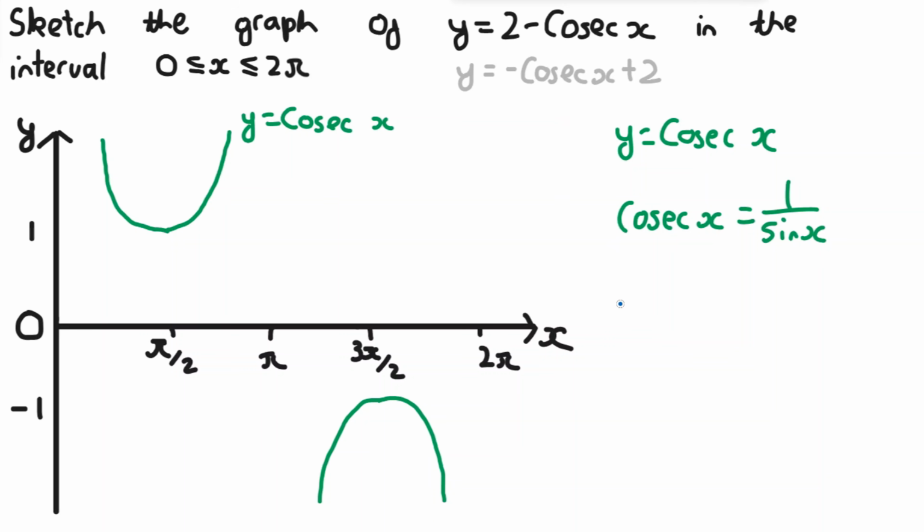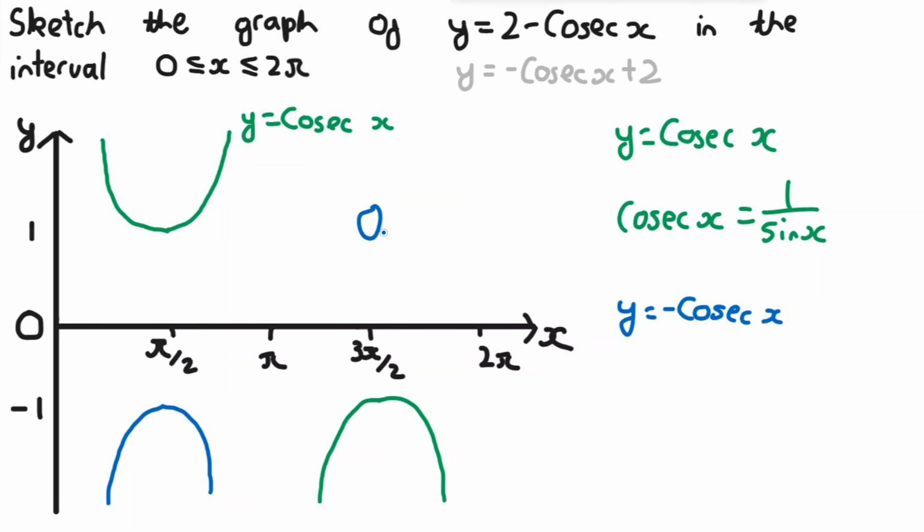So firstly, let's do the transformation y is equal to minus cosec x. This is an outside the function mirroring, so this is going to, if you remember, mirror everything in the x-axis. So this now is going to come down here. It's going to start from minus 1 instead of 1, and it's going to be like this here. Then on this side, it's going to be like this, and then this here is going to be mirrored in the x-axis.